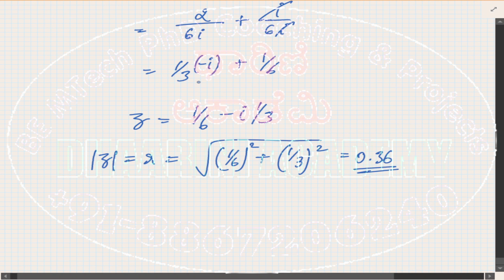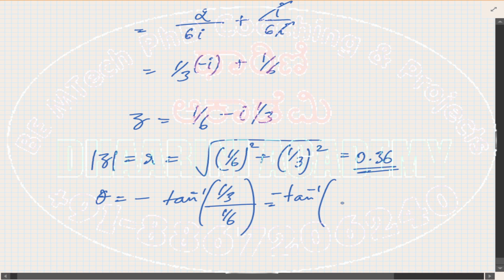Now, y is negative, x is positive, so fourth quadrant. So theta should be equal to minus of tan inverse of y by x. So y is 1 by 3 divided by x is 1 by 6. So this is minus tan inverse of 6 by 3, so 2. When you don't have a calculator, you can simply keep this answer because 2 is not a standard tan inverse function.